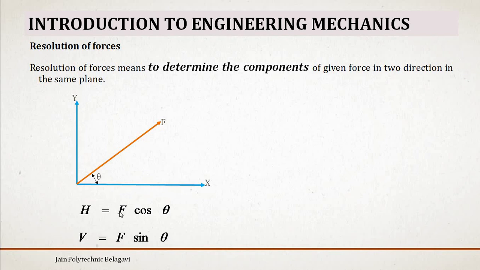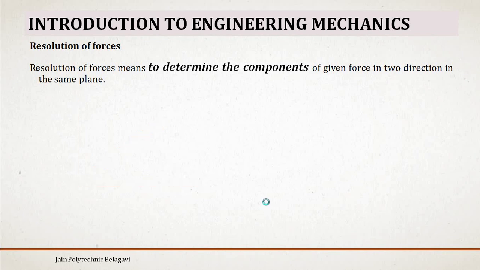How do we find this? It is said to be force into cos theta. Why? Because F cos theta represents the force in the x direction, since the adjacent side is the base and the hypotenuse is F. Adjacent upon hypotenuse is cos theta.